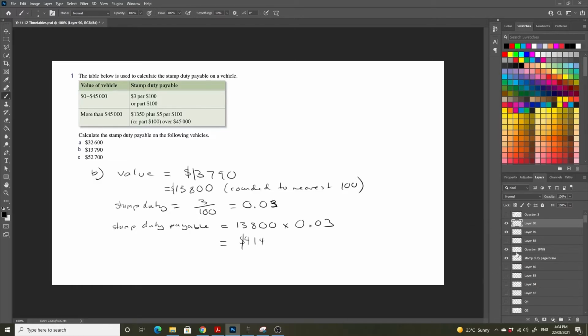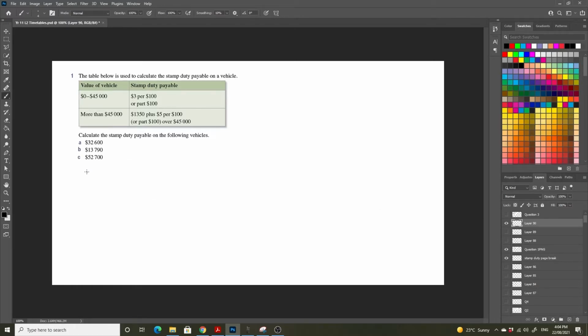Okay, let's grab another one and we'll do C. Now in C we can see that we are no longer in the first bracket. We are now in the second bracket because we're greater than $45,000, so we have a new rate of stamp duty. We also note that this number is still divisible by 100. But let's look at the stamp duty payable details.